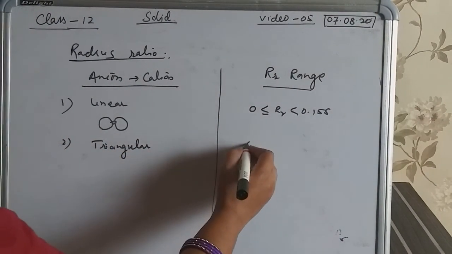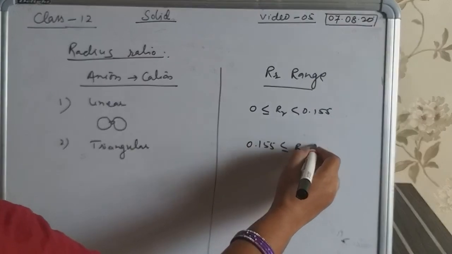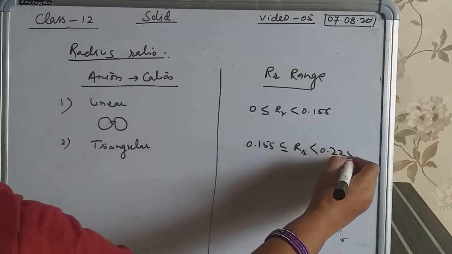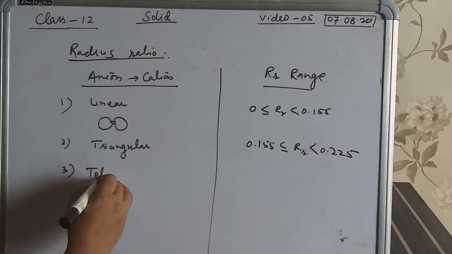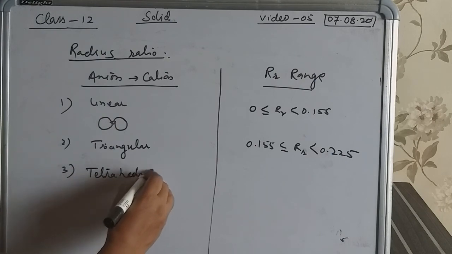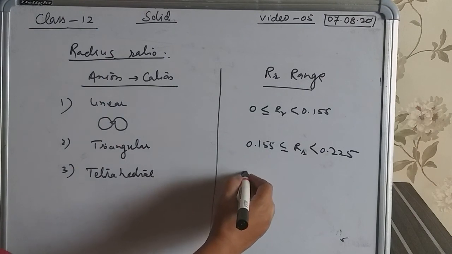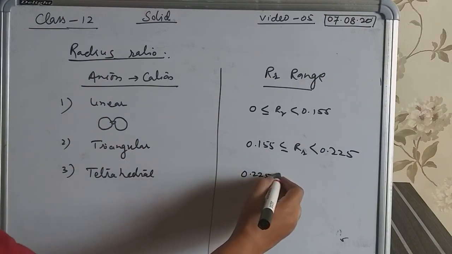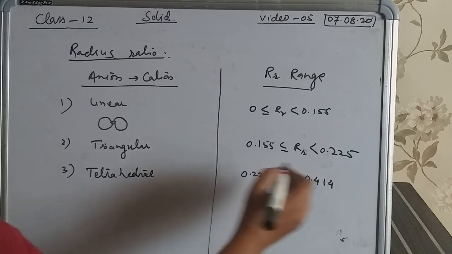For triangular voids, the radius ratio is 0.155 to 0.225. In case of tetrahedral void, which is made up of 4 atoms, the radius ratio is 0.225 to 0.414.